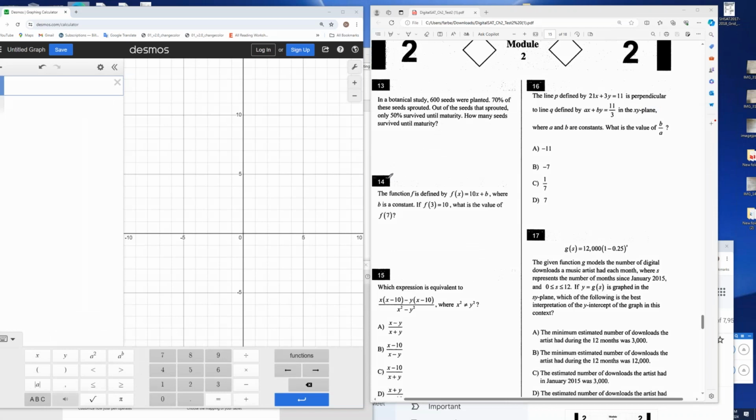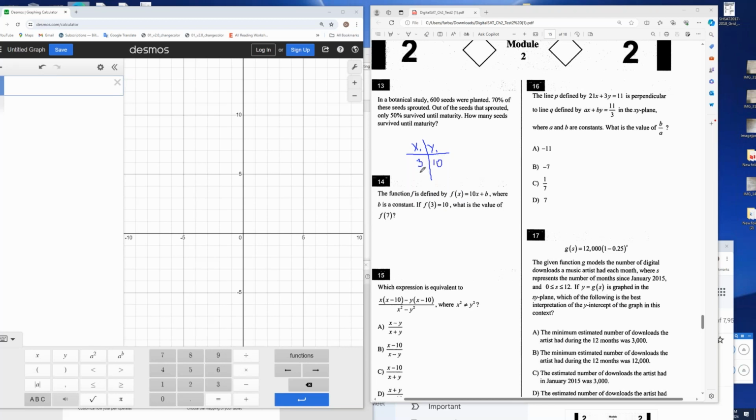I use a pen, this number 14. And I have x and y. Actually, not just x and y, x1 and y1. When x equals 3, y equals 10.